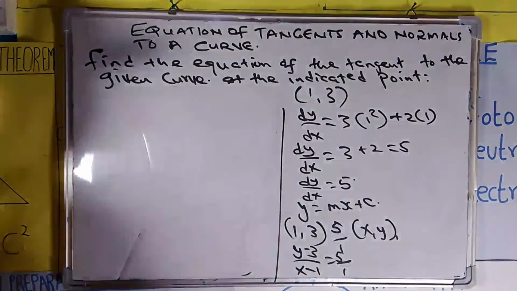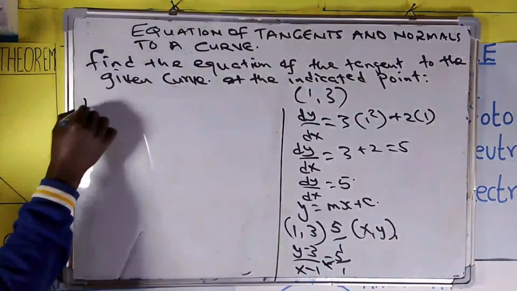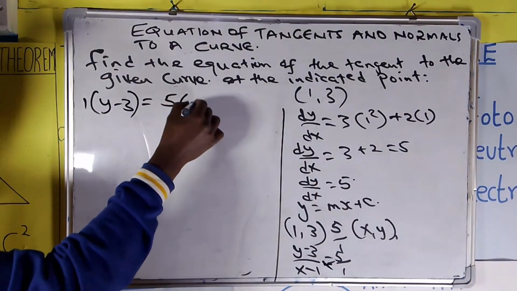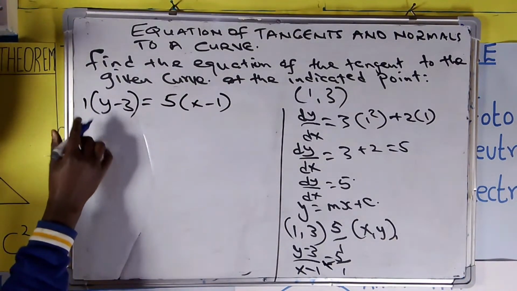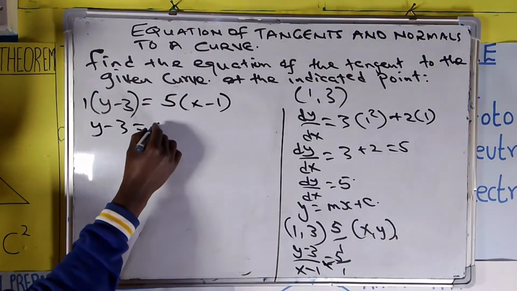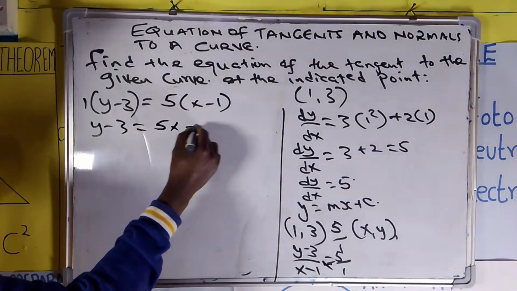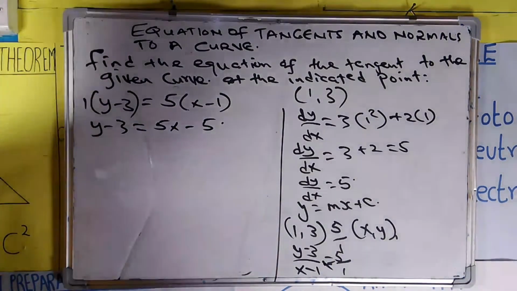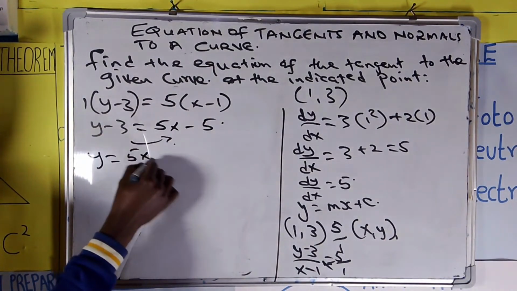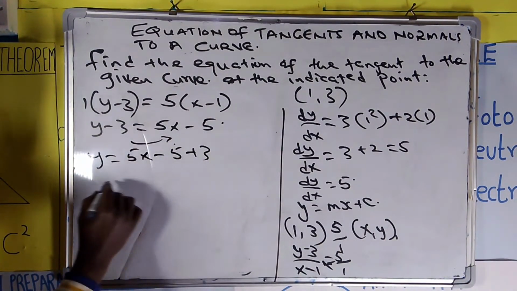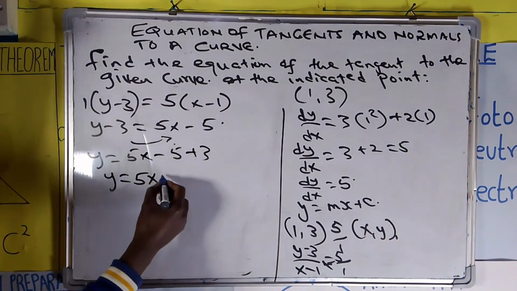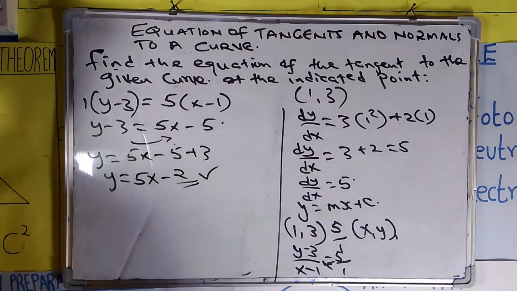So what are we going to do here? We cross multiply and we get y minus 3 is equal to 5 times (x minus 1). So y minus 3 is equal to 5x minus 5, and the equation of the tangent will be y is equal to 5x minus 5 plus 3, which is equal to 5x minus 2.